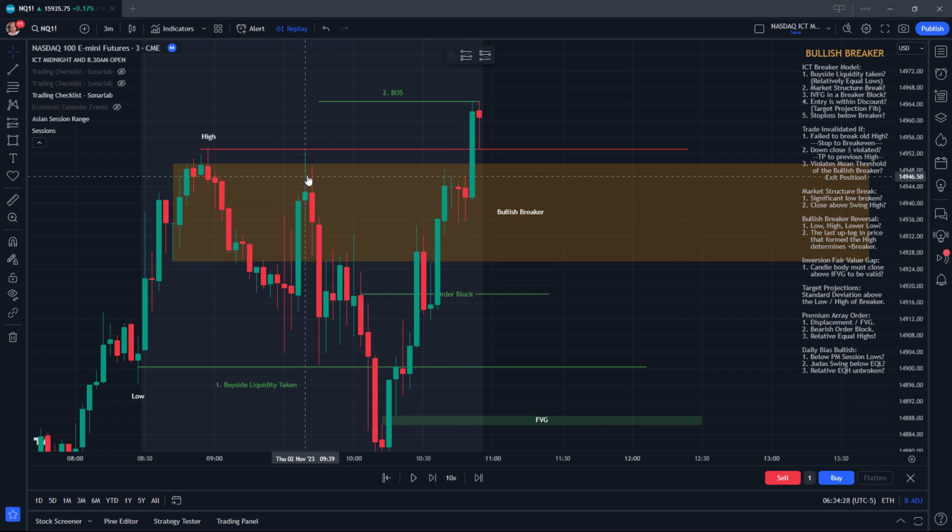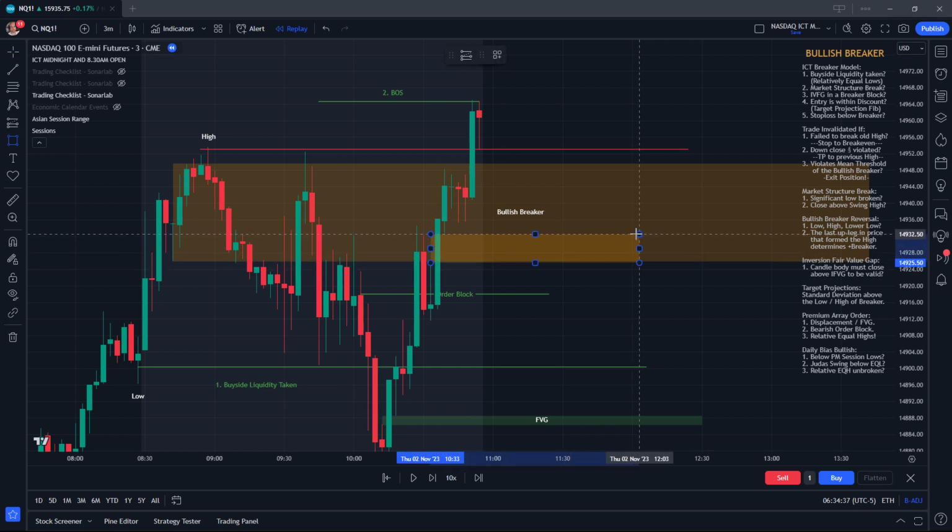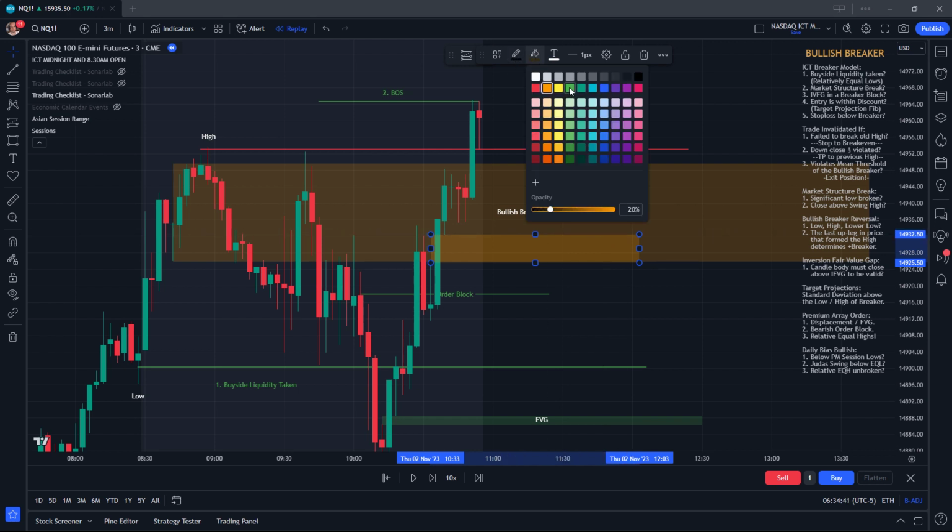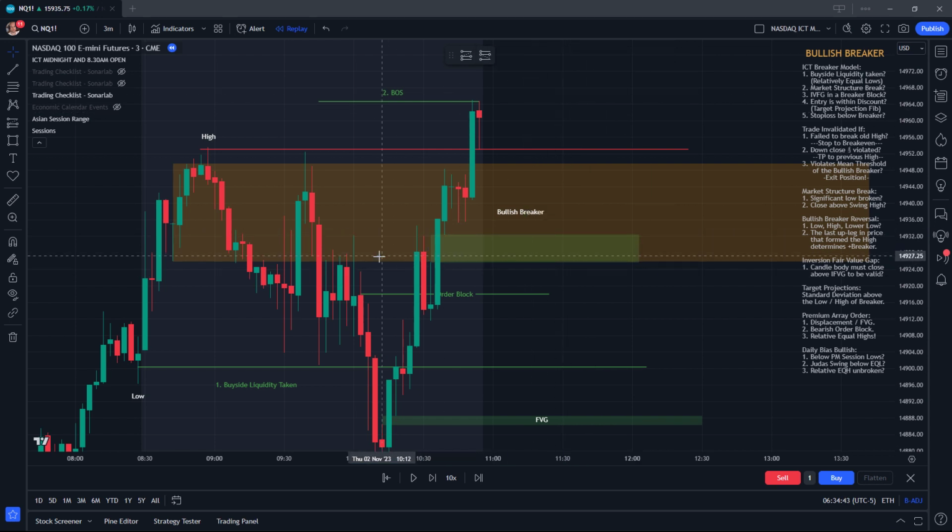So since I'm not really seeing any inversion fair value gaps here, I'm actually just going to use a fair value gap. But basically, when you're a beginner, you'd really only be looking for the fair value gaps, but as you get more advanced, you could also start using things like this, which would be an inversion fair value gap here.